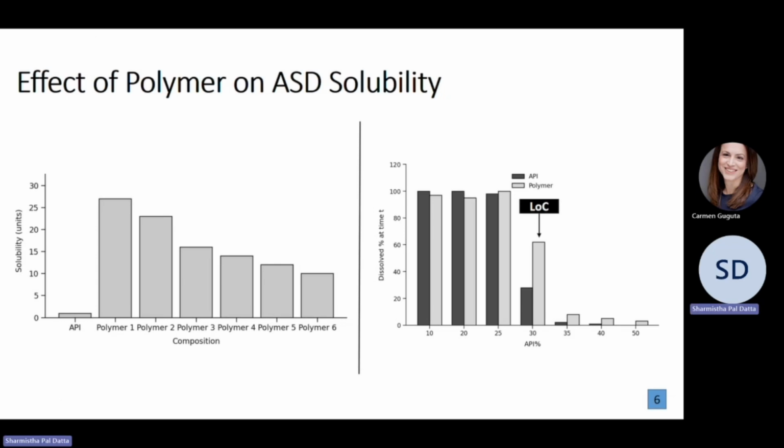And this region or threshold where this sudden change in solubility occurs is called the LOC, or the limit of congruency. There have been a lot of studies on why this might be happening. We will not go into that detail because our presentation is more towards finding this limit of congruency in a faster manner.